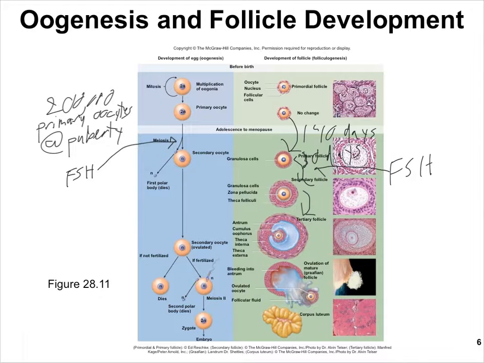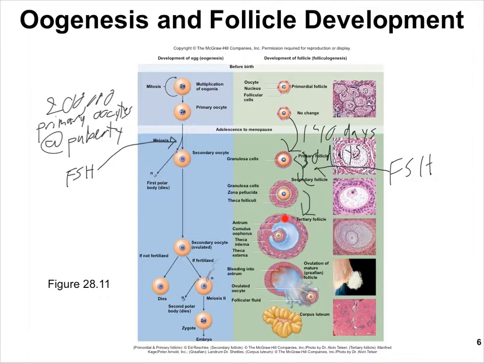And the granulosa cells surrounding the oocyte are called the cumulus oophorus. And so these are granulosa cells that continue to surround the ovum.